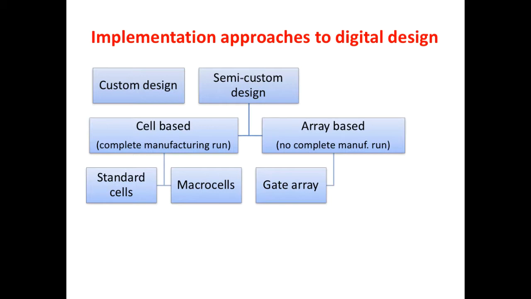Okay, so one of the options is the so-called gate array. So in the gate array, some parts of some cells and some important building blocks have been already partially fabricated. Basically, it means that we only need to put the interconnections and eventually to program it.